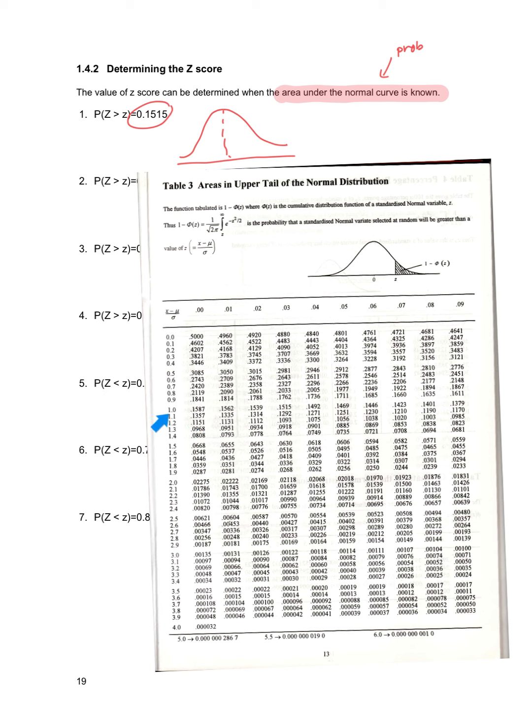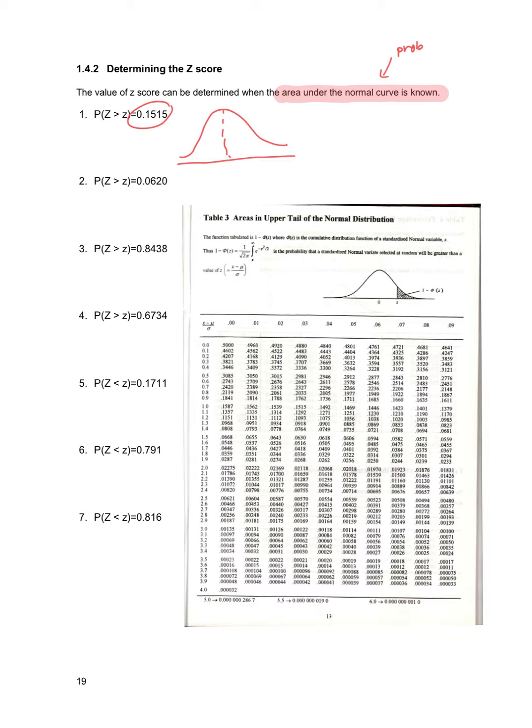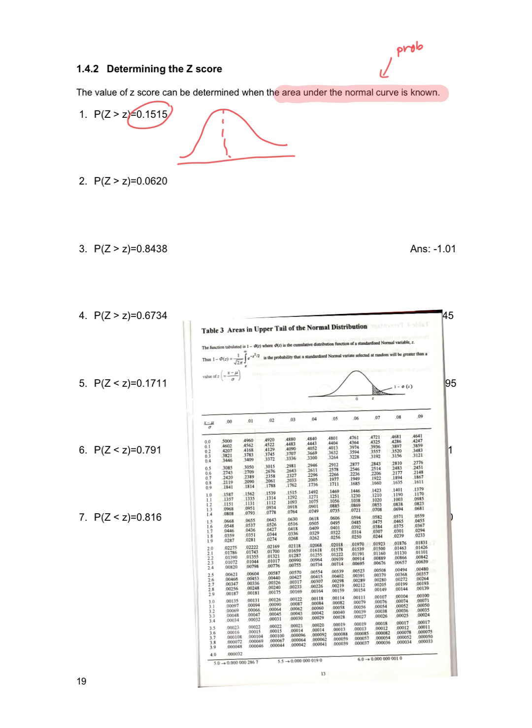So value z dia adalah 1.03. So meaning that z equals to 1.03. But what is the sign? Sign dia positif ke negatif?